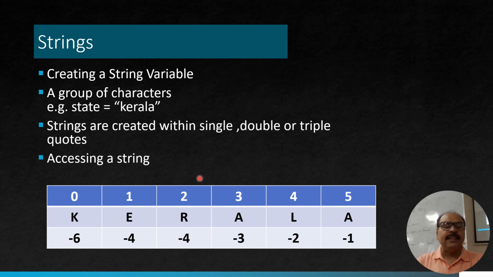You can access a string in two ways. State of 0 stands for K, state of 1 stands for E, state of -1 stands for A, state of -2 stands for L, and so on. I'll show you this with examples in the coming slide.